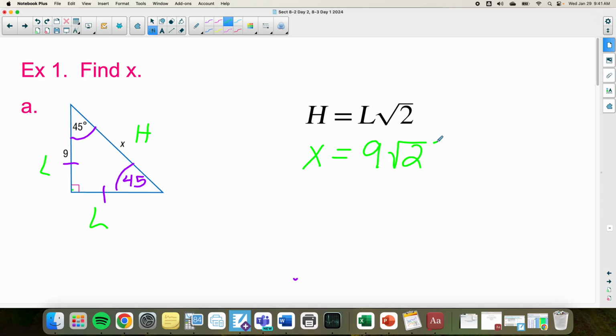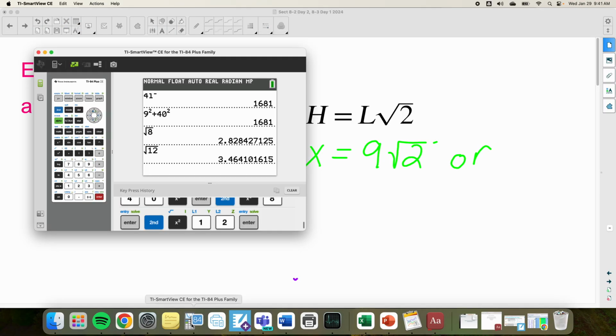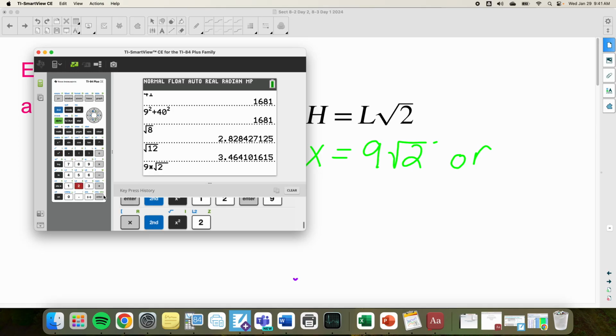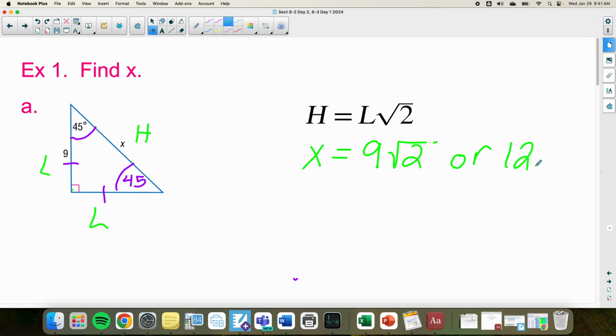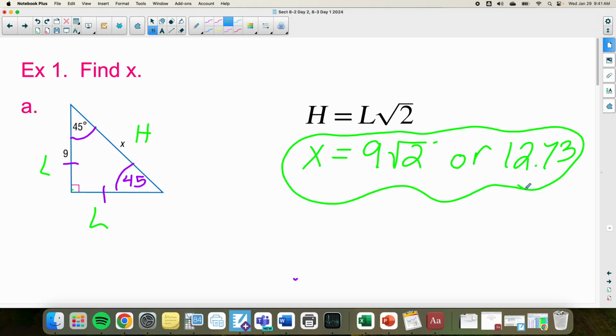If you don't want to leave it like that today, you certainly could go to your calculator and go 9 times the square root of 2, and get 12.73, and that would be absolutely fine too. So either of those would work. Okay.